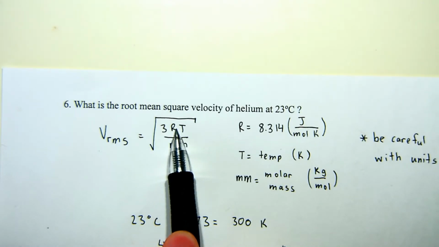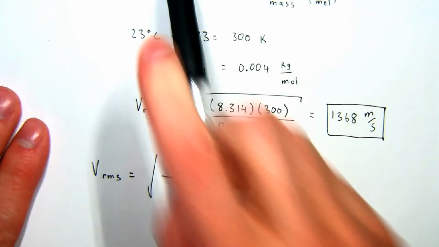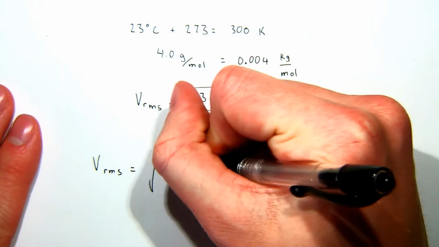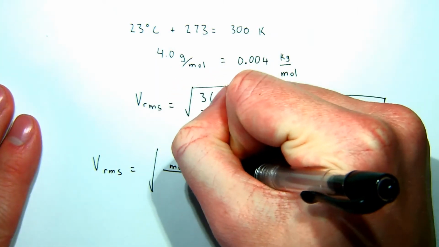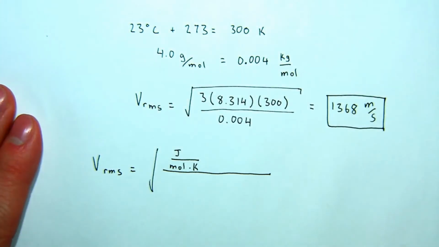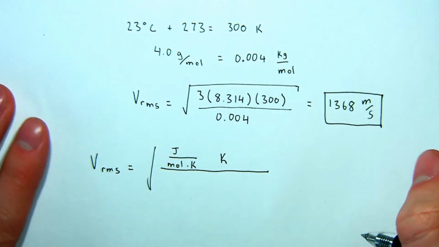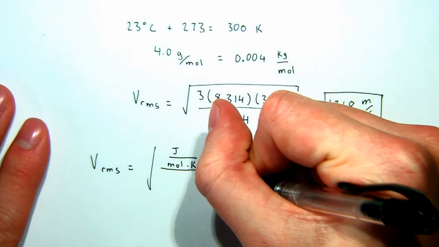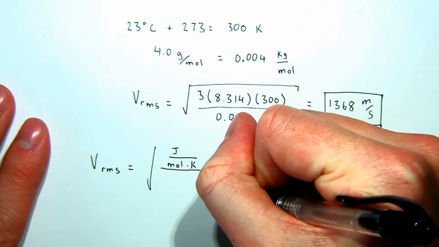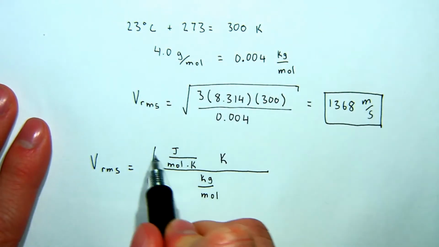So R is given in joules per mole Kelvin. So joule per moles times Kelvin. And then the unit for temperature is in Kelvin. And the unit of molar mass, I say we want it in kilograms per mole. So let me show you why that's correct.